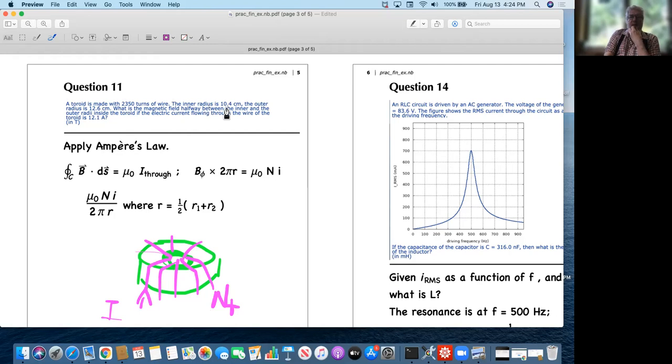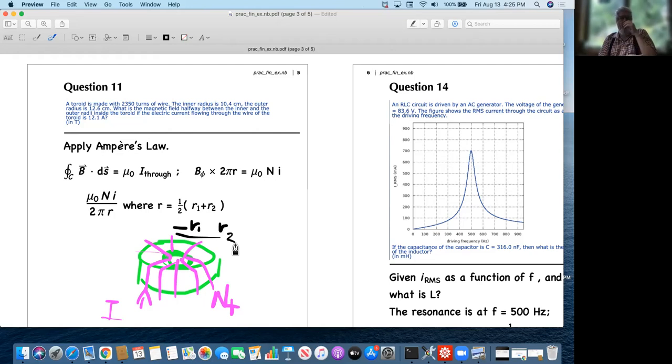And the inner radius is given. Try a different color. So there's an inner radius like this, R1. And there's an outer radius like this, R2. Now, you know, current creates a magnetic field.